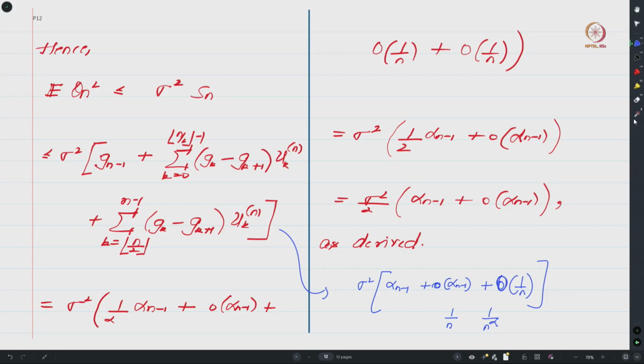In other words, for large enough n, 1 over n will be much less than 1 over n to the power alpha, and in particular one can show that 1 over n is actually little o of alpha n minus 1. Hence we can combine all of them and say that this is little o of alpha n minus 1, and hence one can conclude that the final convergence rate is sigma square over 2 alpha n minus 1 plus some terms that decay faster.